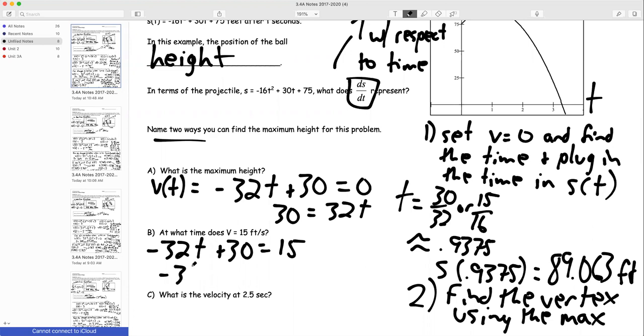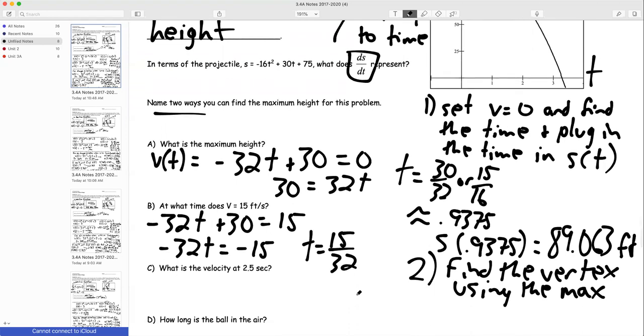That's going to give me negative 32t equals negative 15. And then I need to divide by negative 32 on both sides. So t is going to be 15 over 32, or as a decimal, about 0.469 seconds.